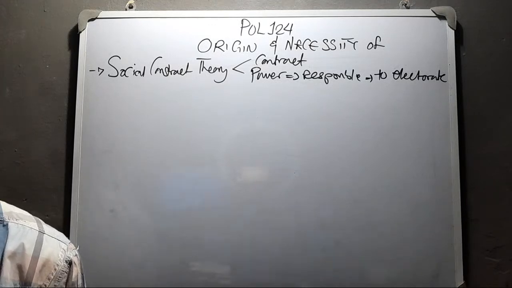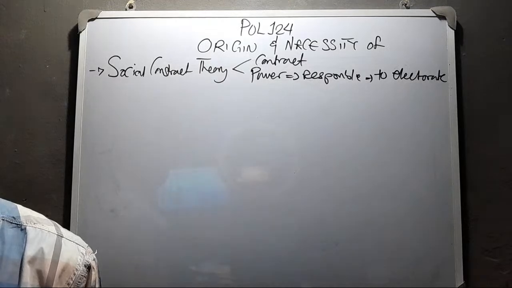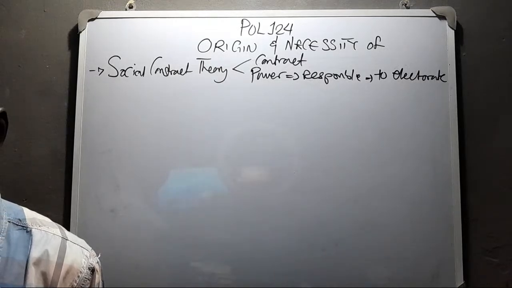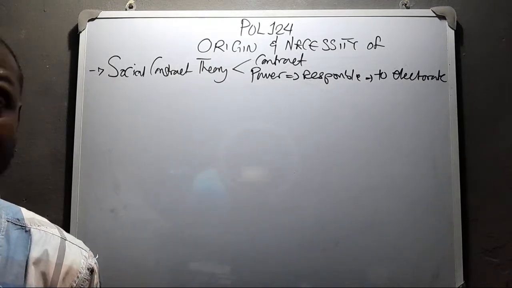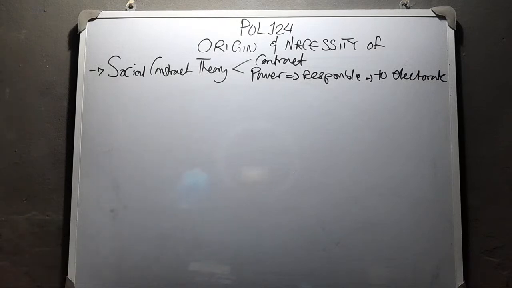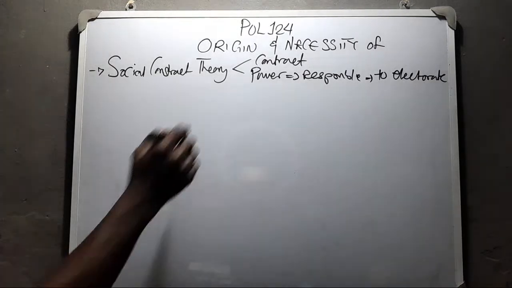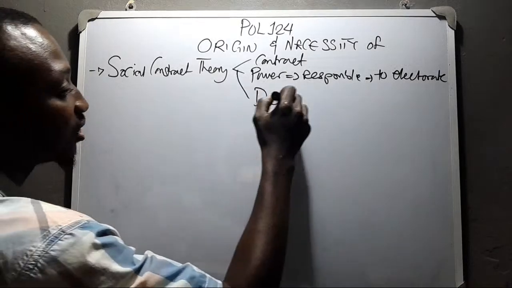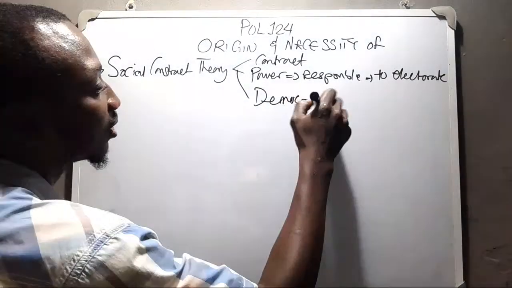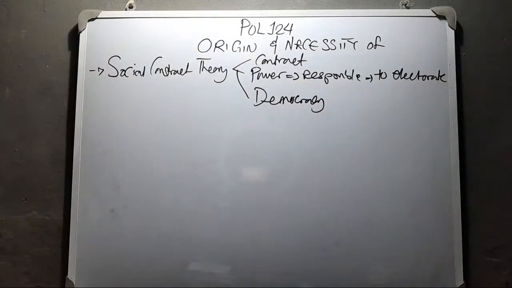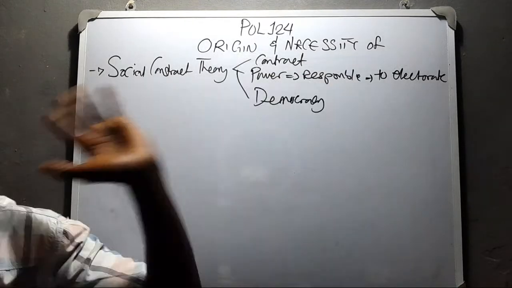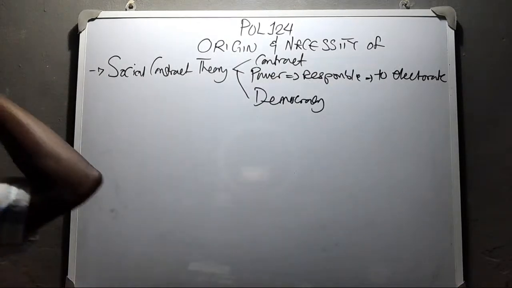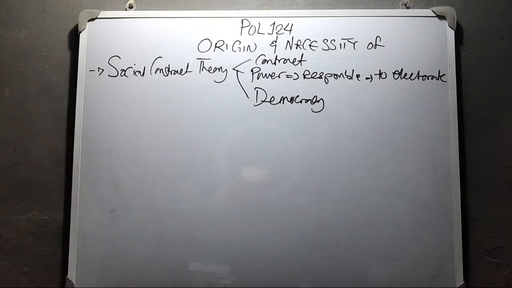Basically we can relate the social construct to democracy of our time, whereby those in power have the responsibility to take care of those they govern. It's quite unfortunate that it has been turned upside down.